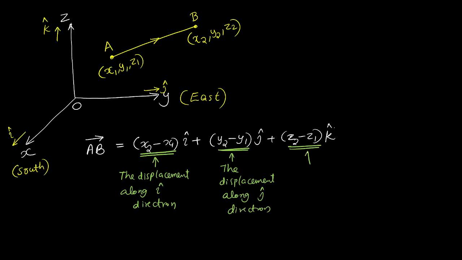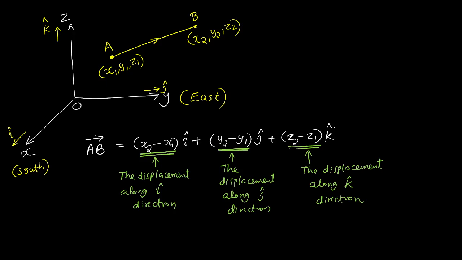The coefficient of k stands for the displacement of the helicopter along the k direction, meaning that the height is increased by this much, z2 minus z1 units. All of you please write down.